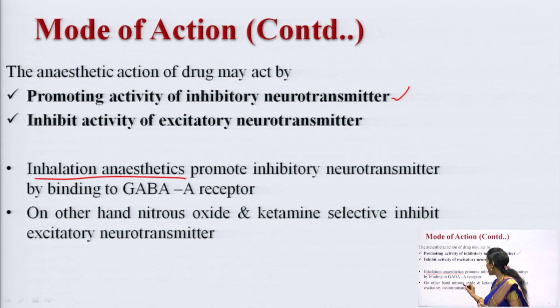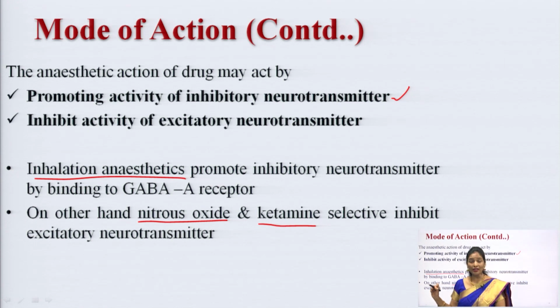On the other hand, nitrous oxide and ketamine are drugs which inhibit the excitatory neurotransmitter. So, some general anesthetic drugs inhibit the excitatory neurotransmitter, and others promote the inhibitory neurotransmitters. The inhalation anesthetic drugs promote the inhibitory neurotransmitter, and nitrous oxide and ketamine inhibit the excitatory neurotransmitter.